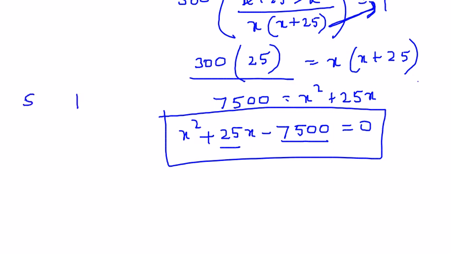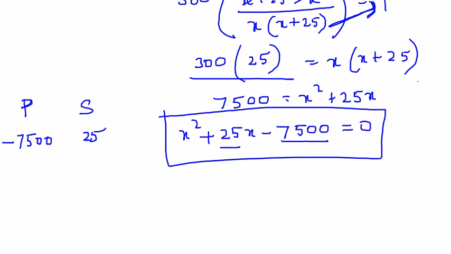What is the sum? What is the product? The product is minus 7500, and the sum is 25. So which two numbers multiply to give 7500 and still have the sum 25?